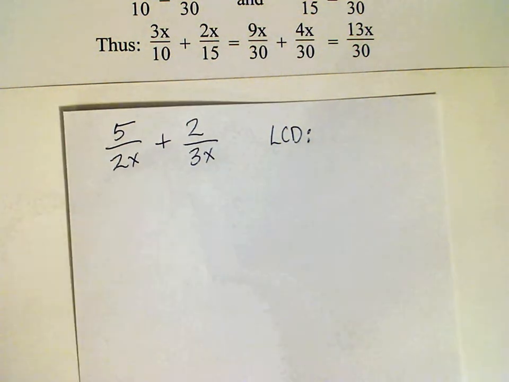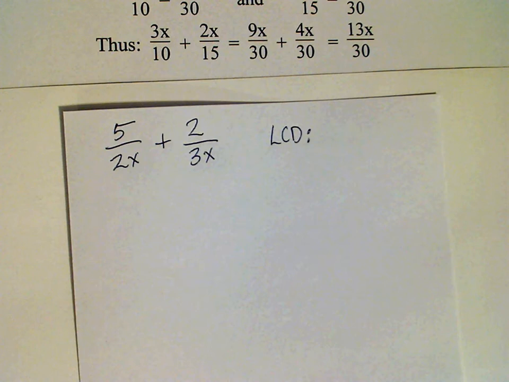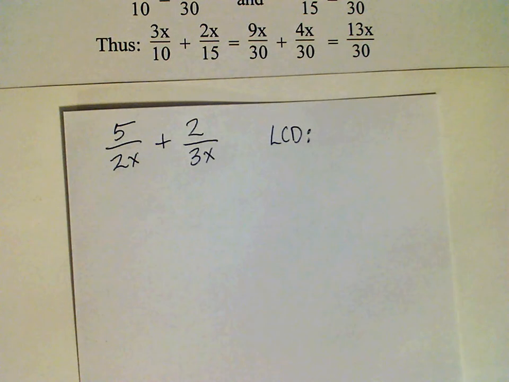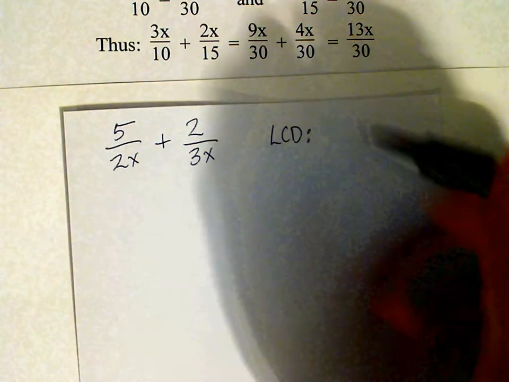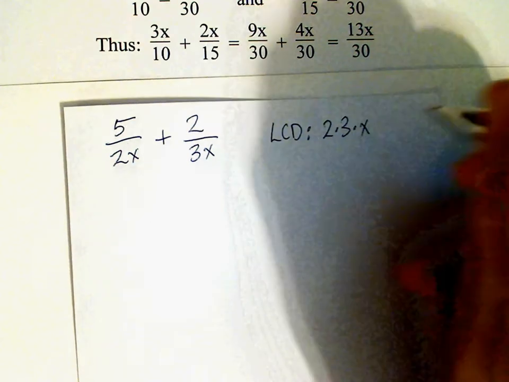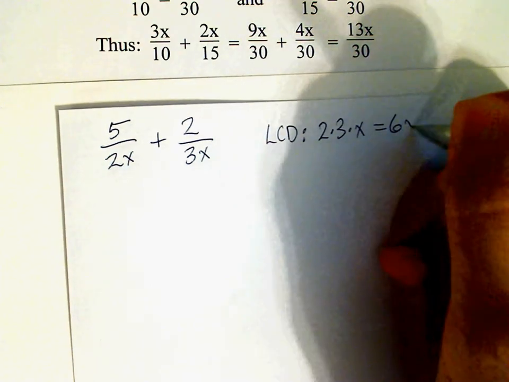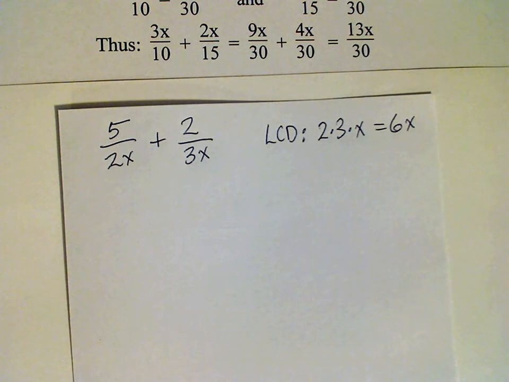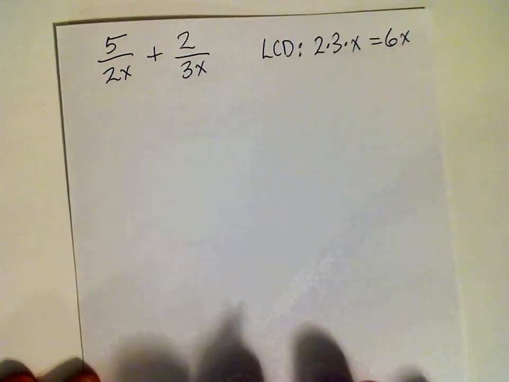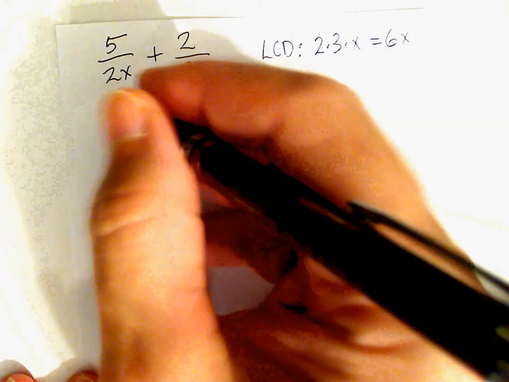Well, the least common denominator that we need is the least common multiple of these two monomials, 2x and 3x. We've already seen how to do that. We need to write down a monomial that contains all of the factors present in both of these monomials, namely 2 times 3 times x, or 6x. So that's going to be our denominator.